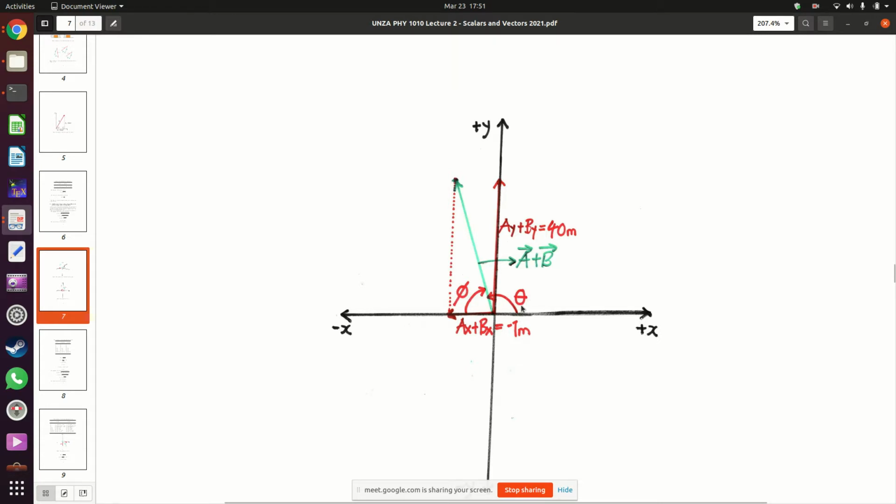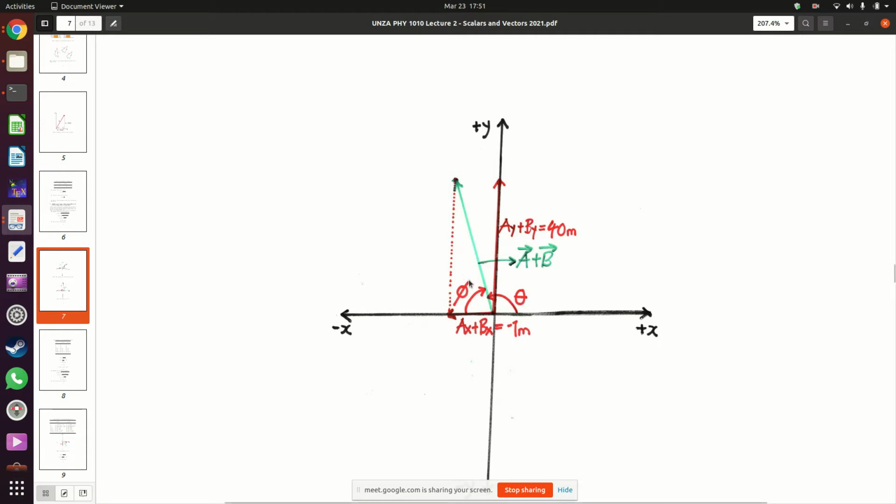Phi plus theta gives you 180 degrees. The negative x-axis is 180 degrees. Then you add phi to it. Phi is going to take you backwards because phi is going to come out negative. So 180 degrees plus phi is going to give you theta.